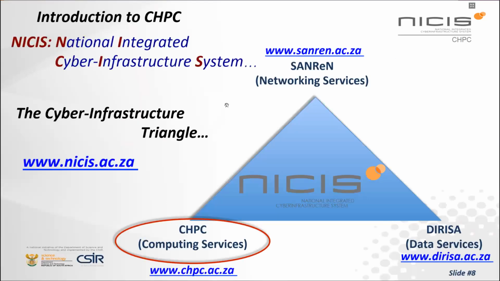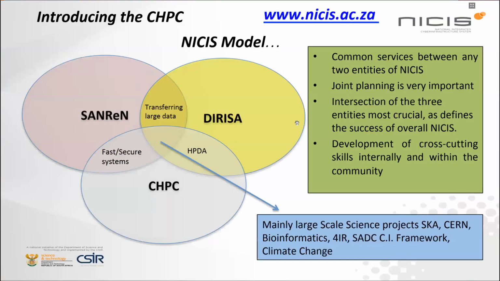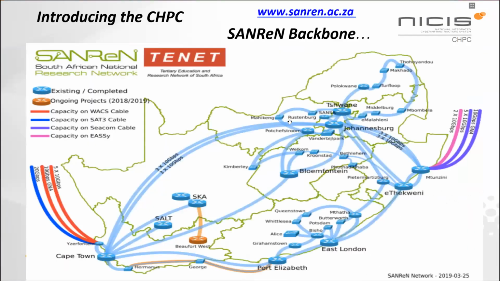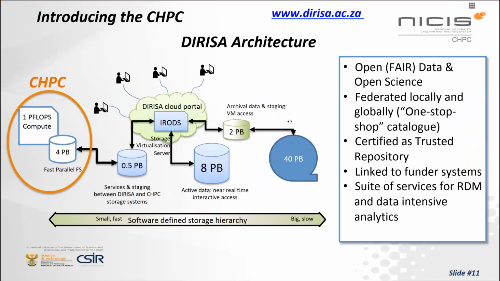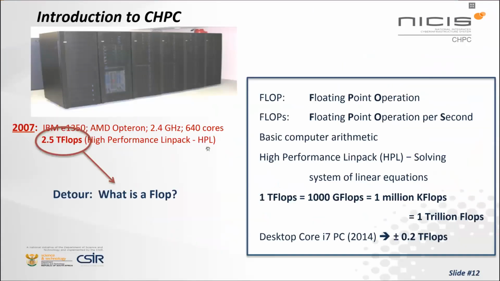And again, I mentioned that CHPC falls under NICIS. The other divisions of NICIS are SANReN, which focuses on networking services, and DIRISA, which provides data services. I won't go into too much detail about the other divisions of NICIS. I want to focus on the CHPC.